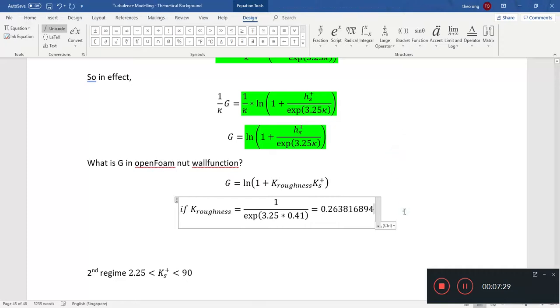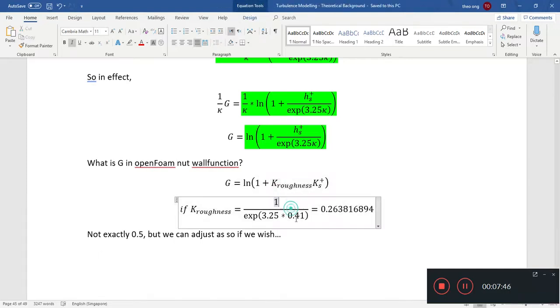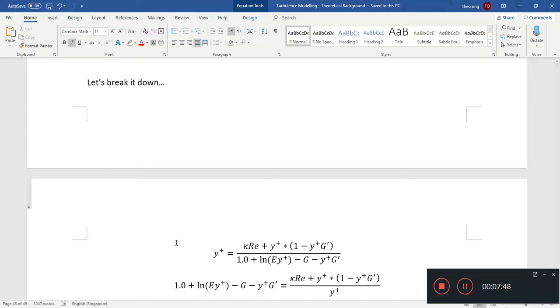So it's not exactly 0.5, but we can adjust as so if we wish. So just note that this is what we get.